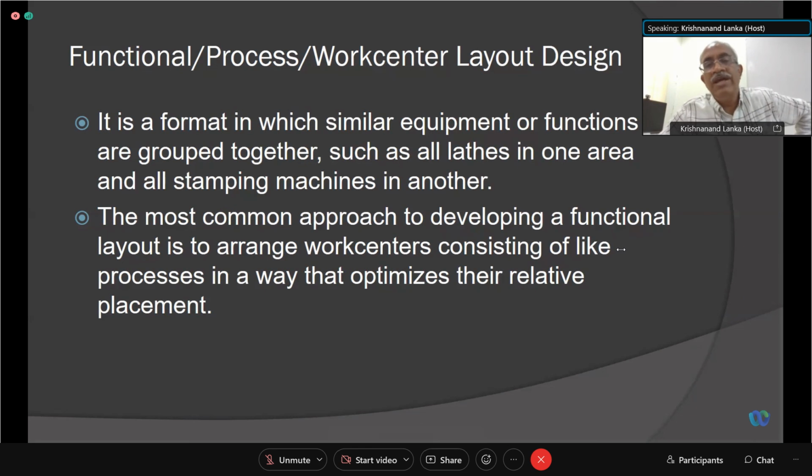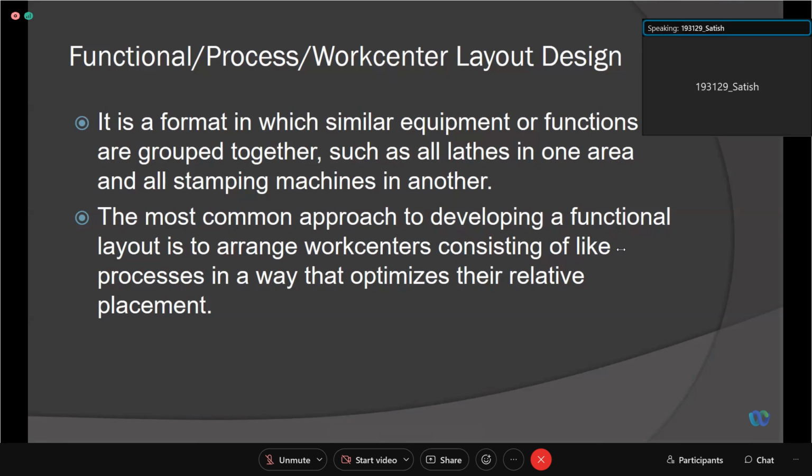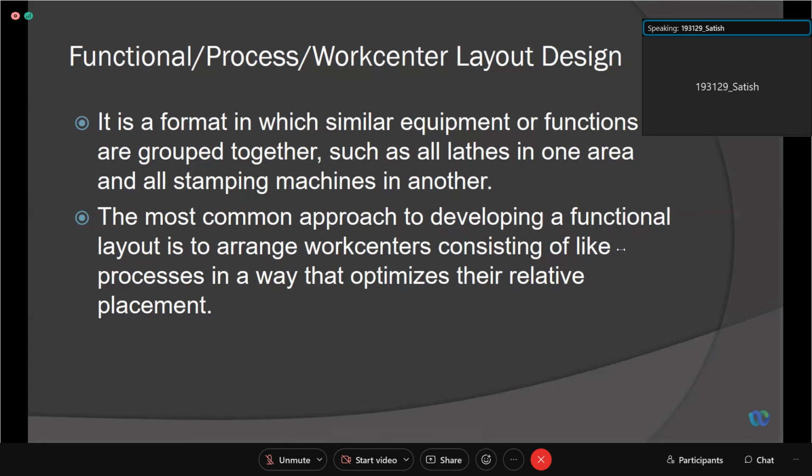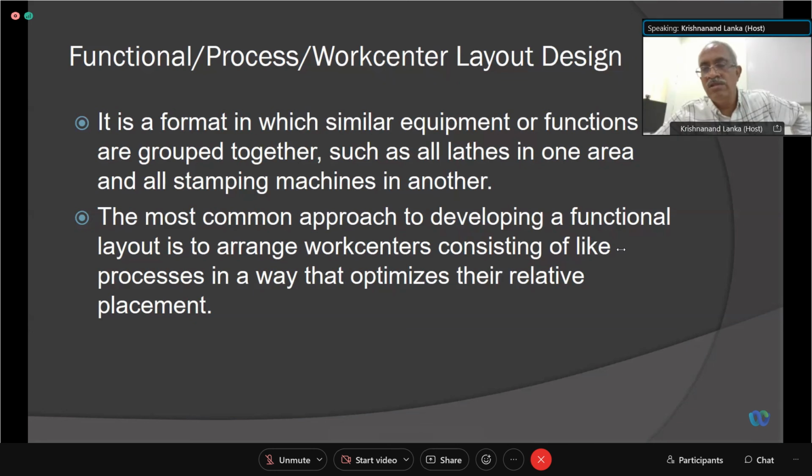Which kind of production system is this functional or process layout useful for? Functional type of layout is useful for what kind of production system? Process and functional are the same here.